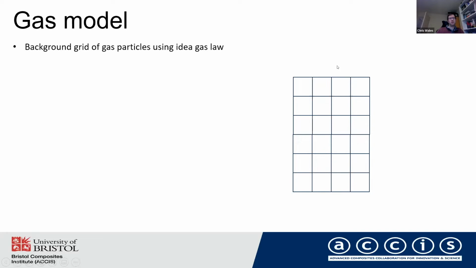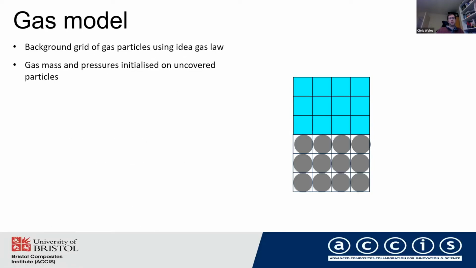And then what we do is, as we move the SPH particles over the background grid, we essentially say there is 0 gas mass in those cells, and initialize the uncovered regions with a fixed mass.